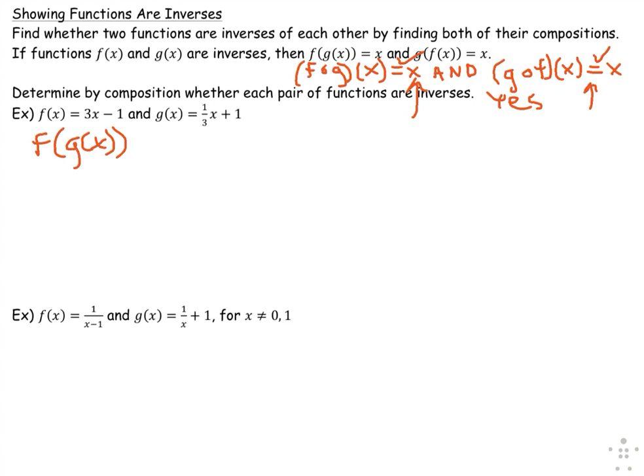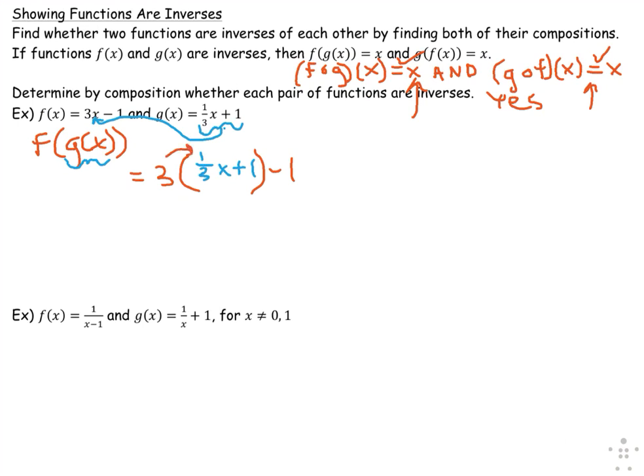So let's substitute g of x's rule into f of x. So that means this is going to go right there. Could just get right to the point. That's what it means to compose functions, substituting the one rule into the other in place of the independent variable.